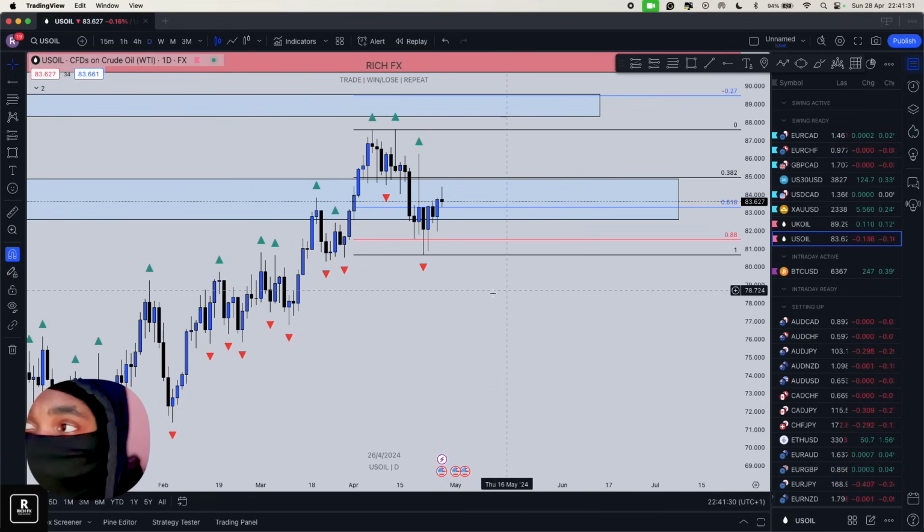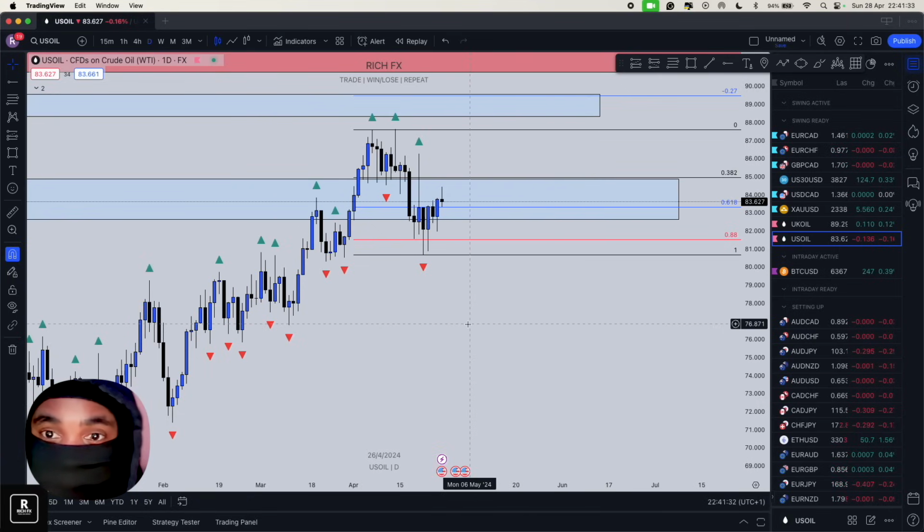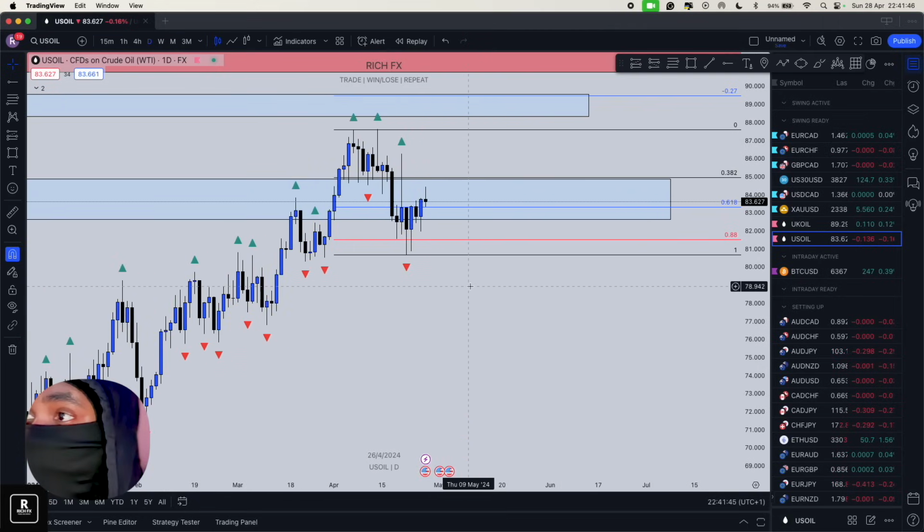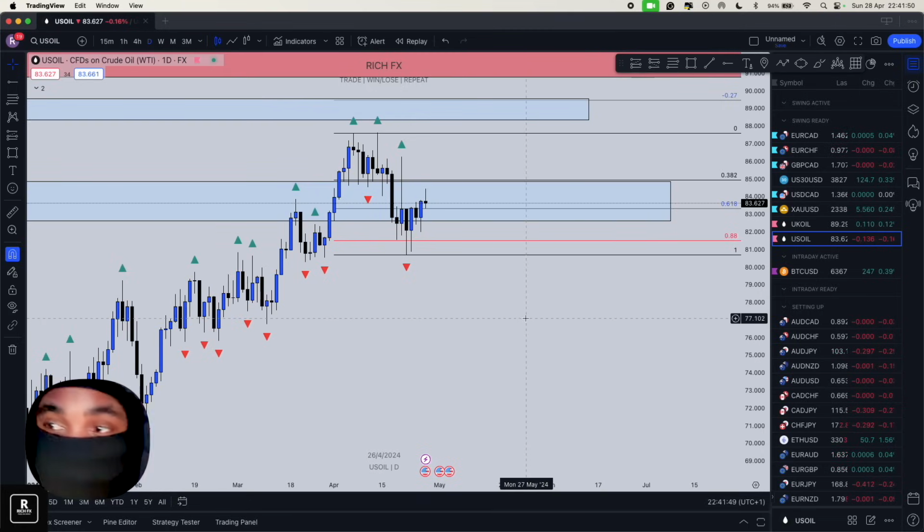If it doesn't give us our entry signal, that being break and close above the 61.8, we're not taking that setup. And if it does, we're taking that setup. Half risk, full risk, or full port, whatever you guys want to do. Just make sure you guys have risk management in place, and you don't over leverage and you don't over trade. It's as simple as that.